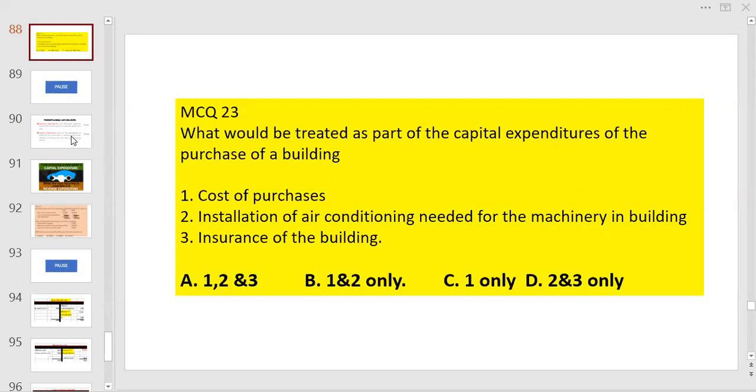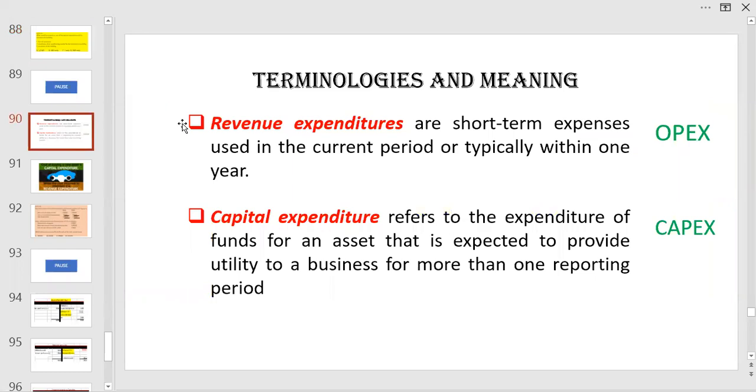If you notice this one, capital expenditure means it's a long-term expenditure. It is mostly a purchase of an asset, and the benefit of that asset should substantially cover several accounting periods, reporting periods.